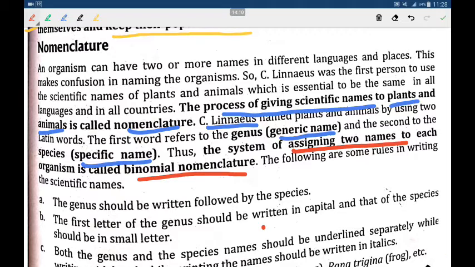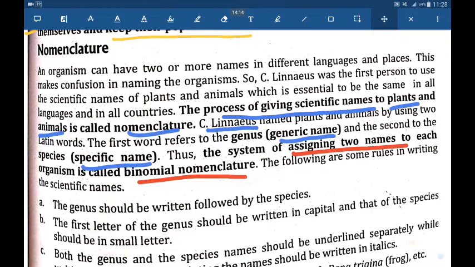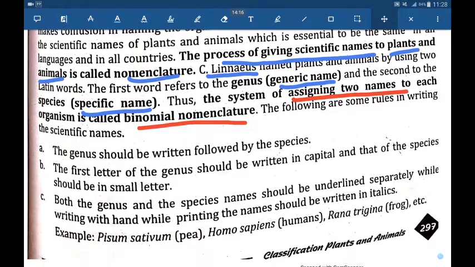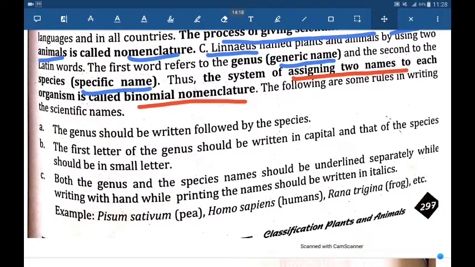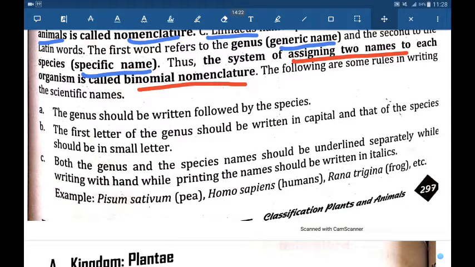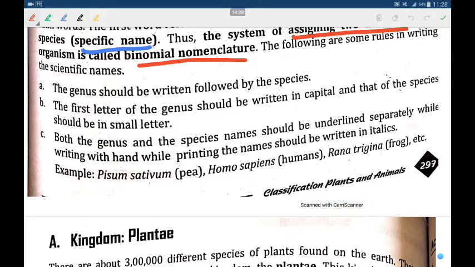Bi means two, nomial means name. All the organisms are provided binomial nomenclature. So there are some rules in writing scientific names.